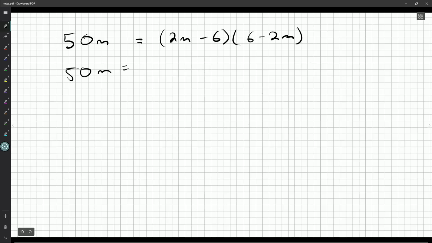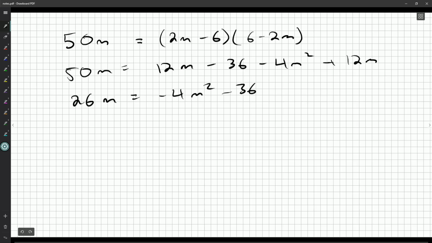So 50m is 12m minus 36 minus 4m squared plus 12m. So subtract 24m from both sides. We'll get 26m is negative 4m squared minus 36. Let's bring everything over to the left-hand side. 4m squared plus 26m plus 36 is equal to 0.